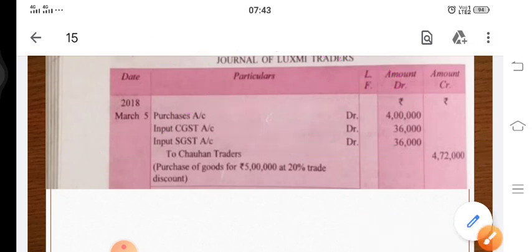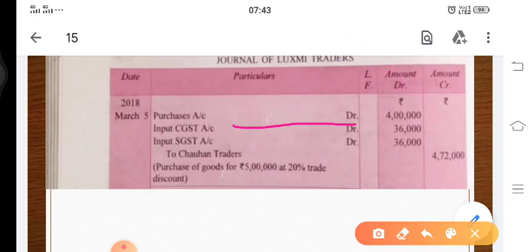So as you can see here, CGST is 36,000 and SGST is also 36,000. Since 4 lakh got debited with purchases, input CGST got debited with 36,000, input SGST got debited with 36,000. So the total amount should be 4,72,000. And here we have completed our first entry.